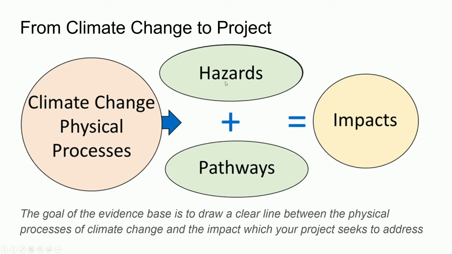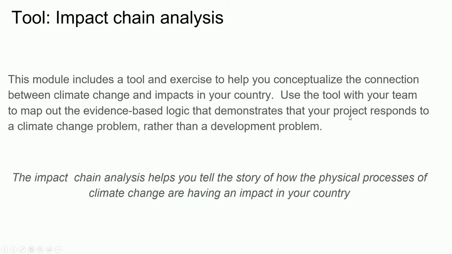And then how those hazards can harm people. So how does flooding harm people? Well, it destroys crops. It destroys structures. And then we're going to look at the impacts on people, places, and things. And we'll step through each of these, but these are the key elements that we want to tease out in developing our concept note. And to do that, we use a tool, and that tool is called the impact chain analysis.